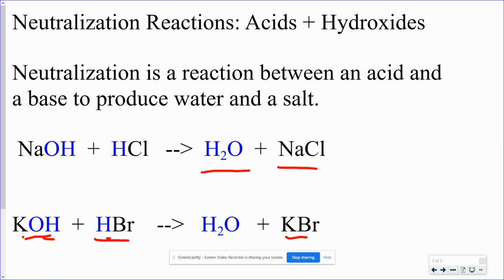It's just any ionic compound is called a salt. So the H and the OH get together to make water. Remember, we'll think of water as HOH, and then we get the salt. So that's neutralization.